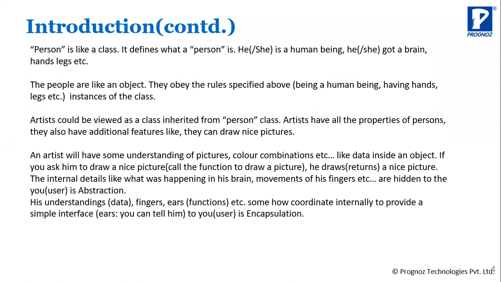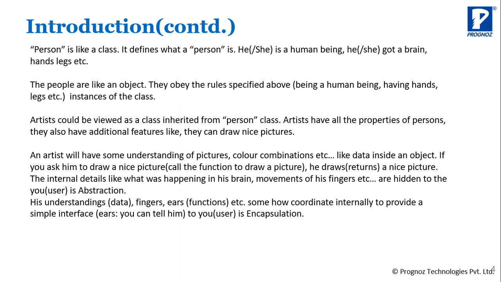There are so many things available, like a brain, hands, legs, then eyes, nose, ears.